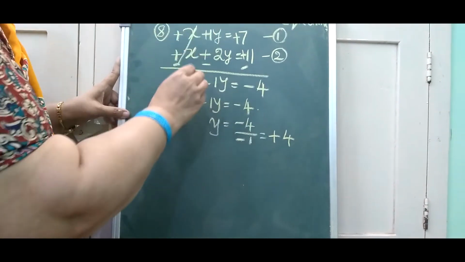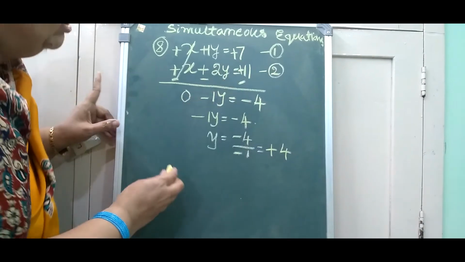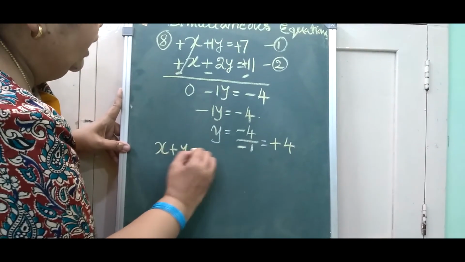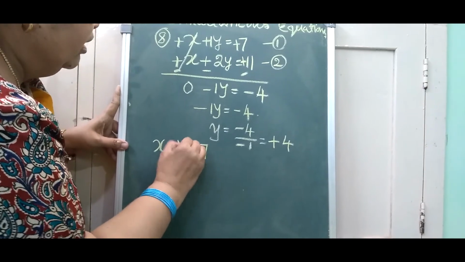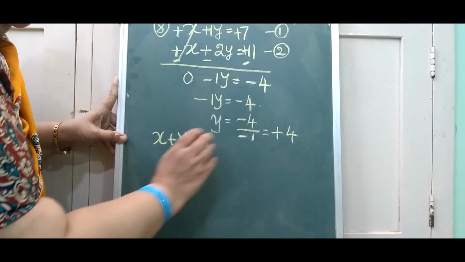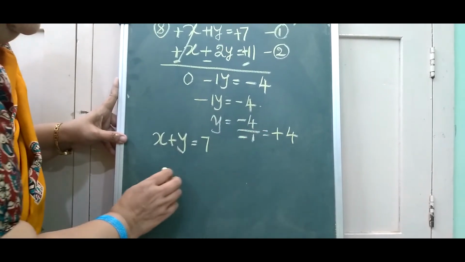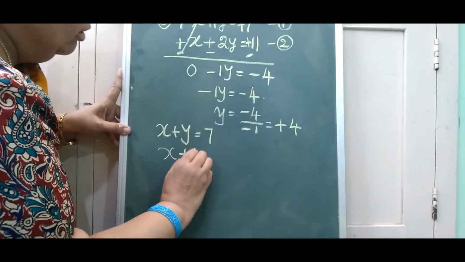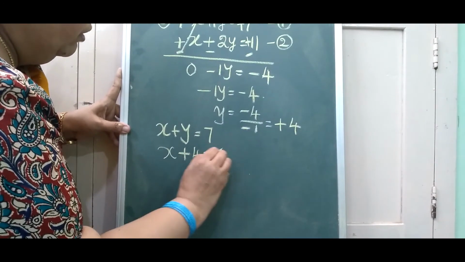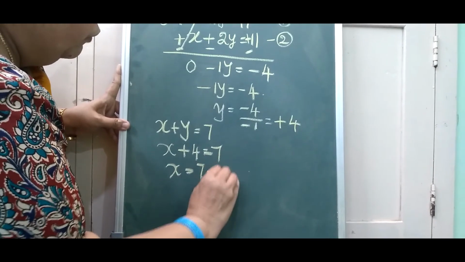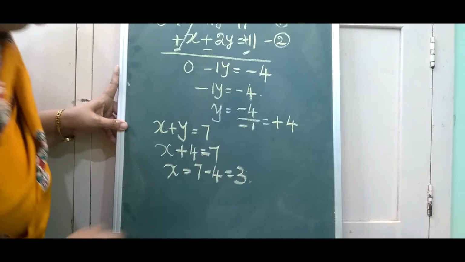To find out the value of x, let us consider the first equation, that is x plus y is equal to 7. Let us consider the original equation, x plus y is equal to 7. So in the place of y, let us substitute 4. So this will be nothing but x plus 4 is equal to 7, and x will be equal to 7 minus 4, that is equal to 3.